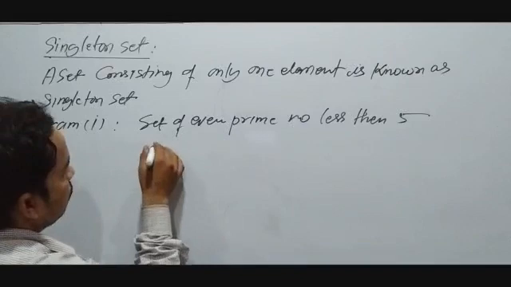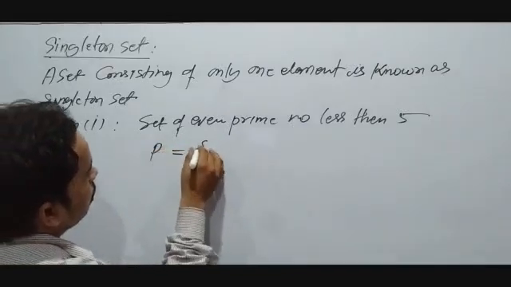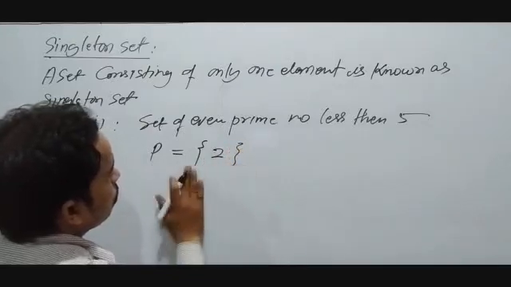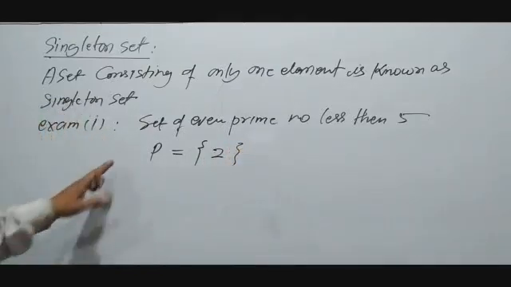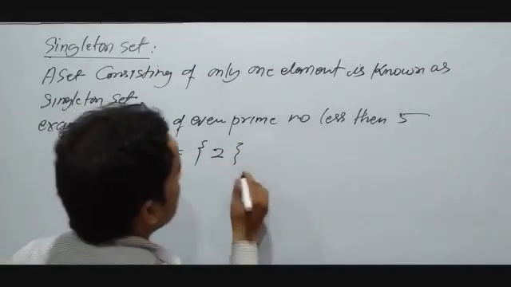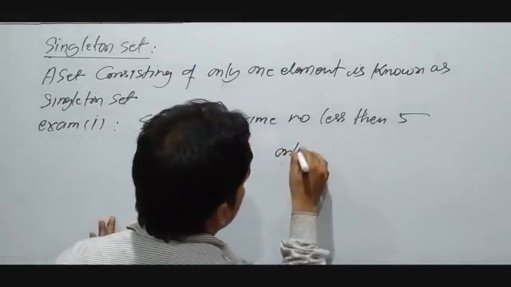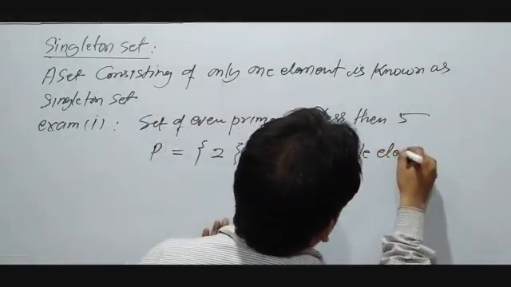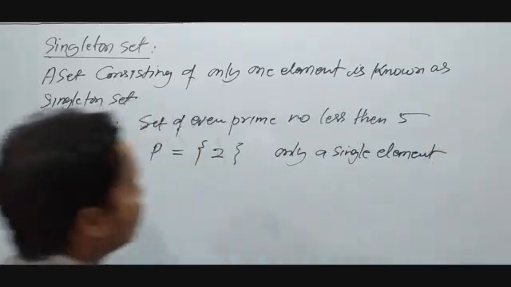Consider P, the even prime less than 5, that is only 2. So P is equal to {2}. This is a singleton set, only a single element.